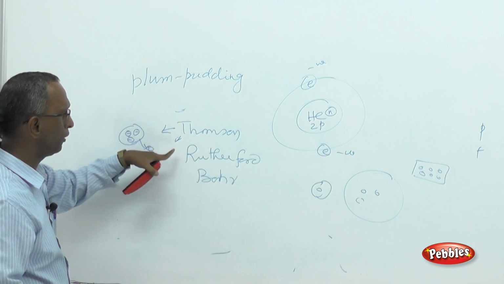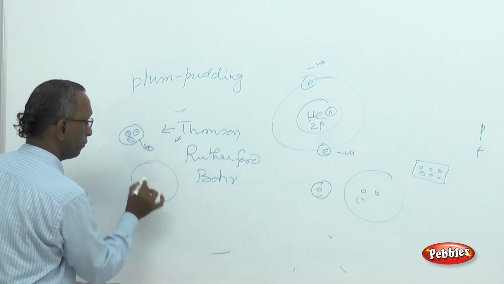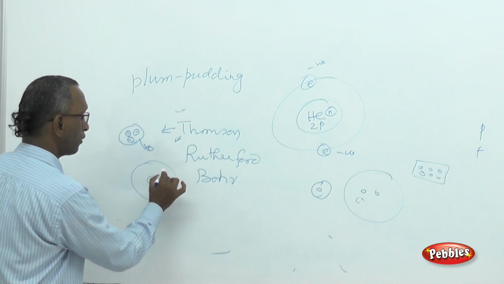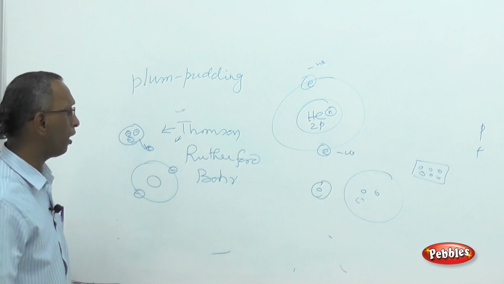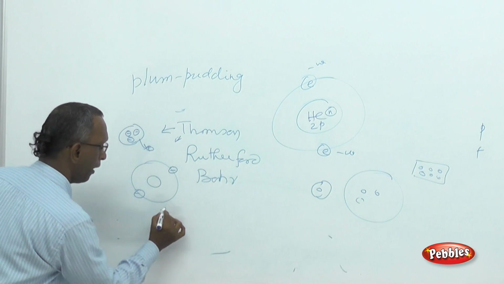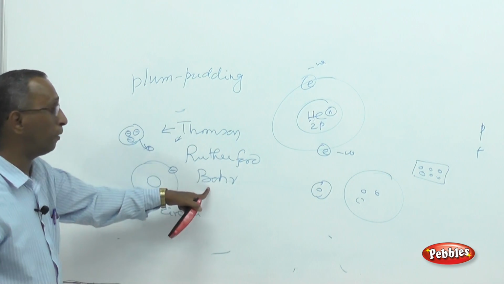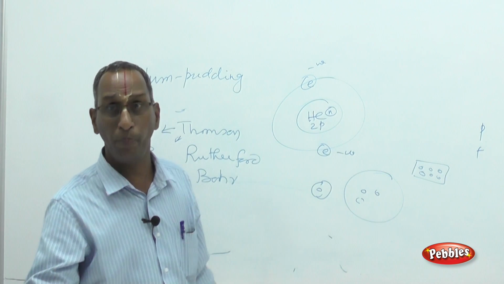Later on it was observed that electrons are not embedded. Electrons form a separate region. In the Rutherford model, he described electrons revolving around the nucleus in certain orbits. He said they revolve in circular orbits. Bohr modified that, saying they revolve in elliptic orbits.